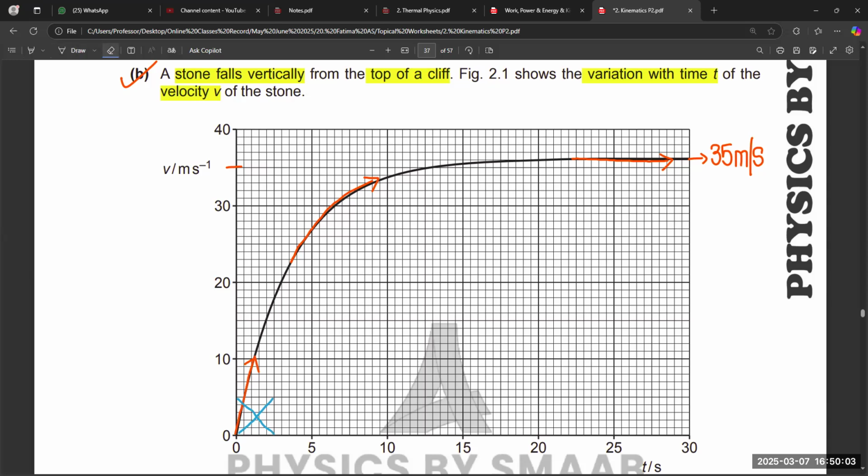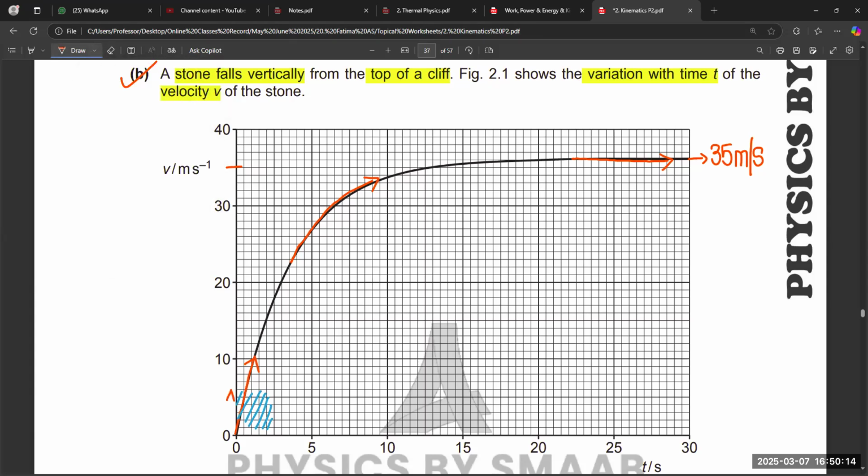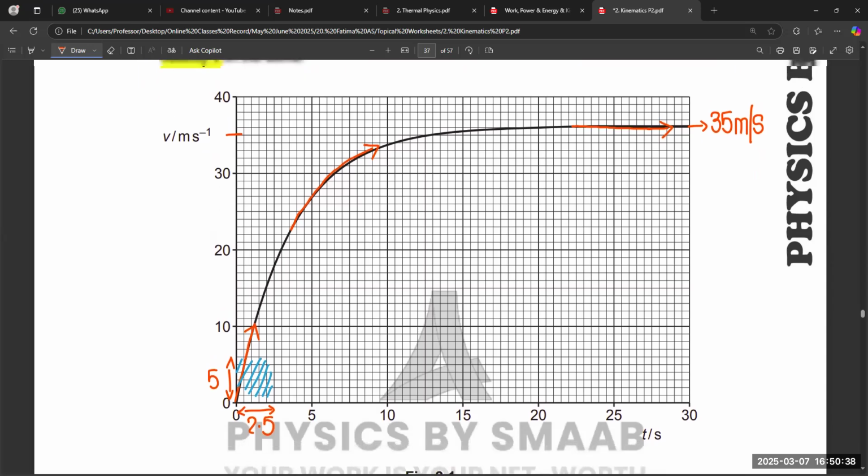If we consider this whole box, the dimension of the whole box is 5 vertical and 2.5 horizontal, right? So this is the representation of the graph of this whole box, right? 5 boxes vertical, 2.5 length horizontal, right? So the area of this one box, 1, 2, 3, 4, 5.